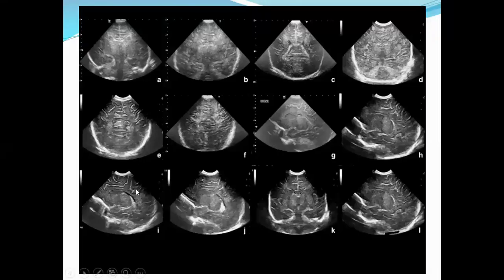This is what you expect to see with injury. This is the first one. These are different cases. You expect to see that. White matter should always be white. Gray matter, gray. Look at that. It's indicative of an insult. Look at that.